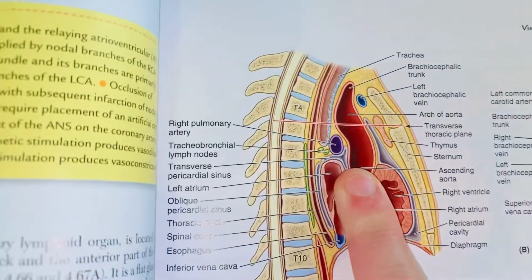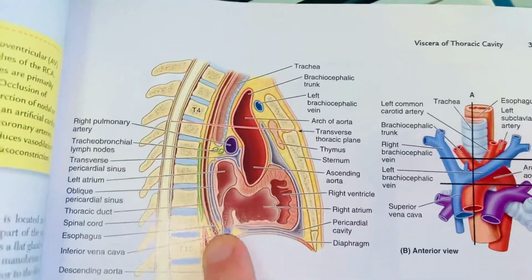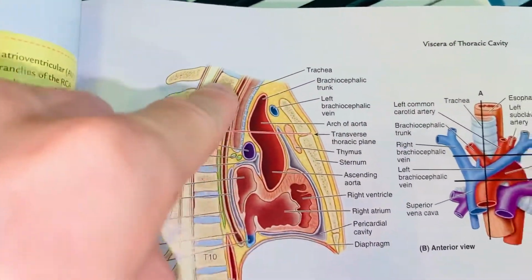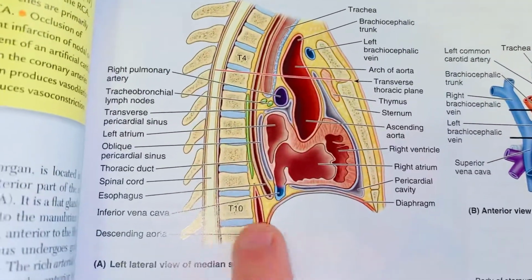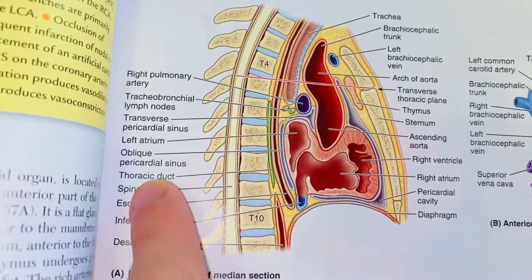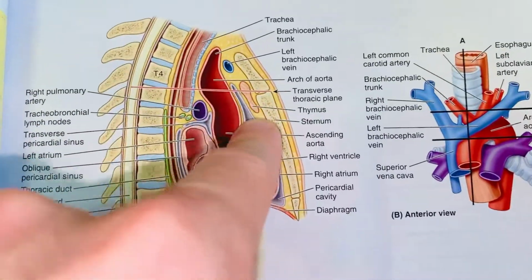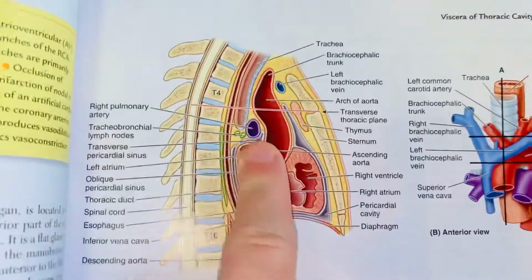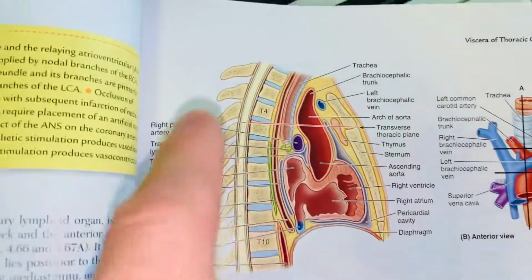Behind the arteries, we'll find the airway, our trachea, which is right here. Then behind that, we'll find the esophagus, which is right here. And then behind the esophagus, we will find the lymph: the thoracic duct and lymphatic trunk.